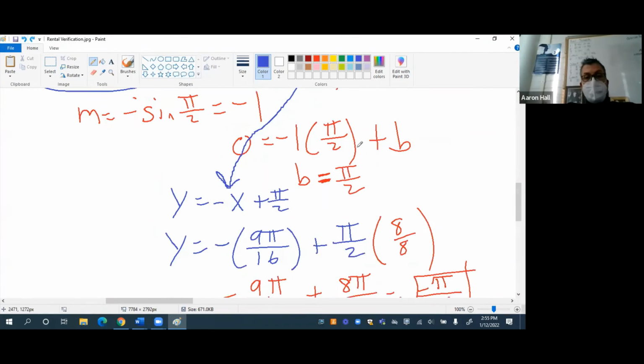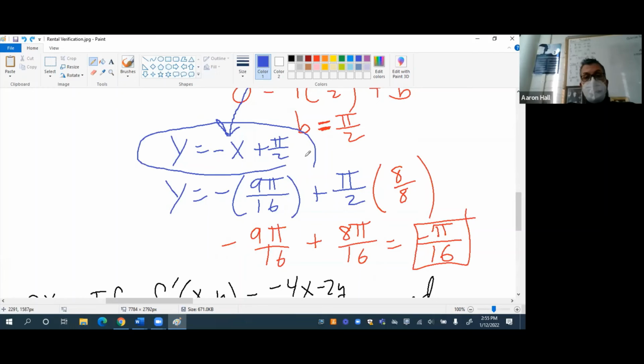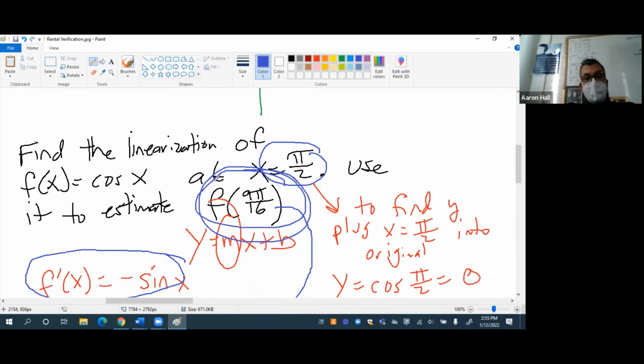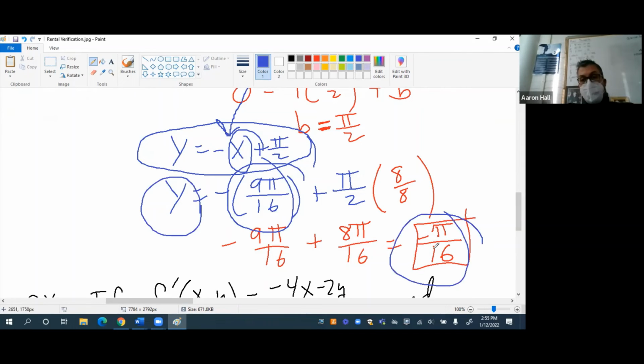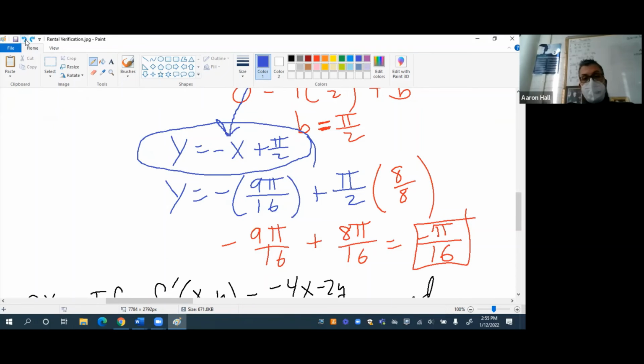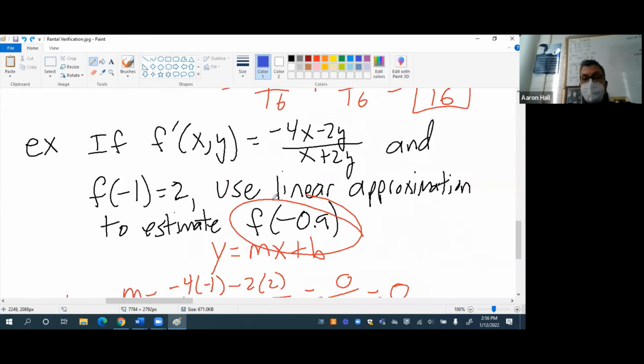So I plug all that back in to get y equals -1x plus pi halves. Then I still had to plug pi over 6 in for x here and solve for y. I found out what I did: I made a mistake and didn't write 9 times pi over 16, I just wrote pi over 16. Okay, it's all good.